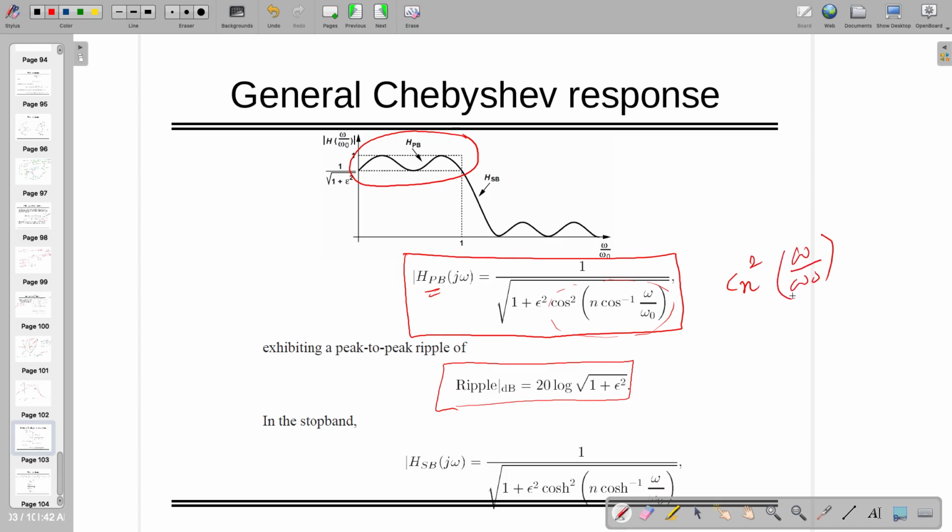There were two different categories, one is passband and one is stop band. When you are in the passband, Cn omega by omega naught is equal to cos of n cos inverse x. When you are in the stop band, this will be replaced with cos hyperbolic. So that has been kept here at the last.